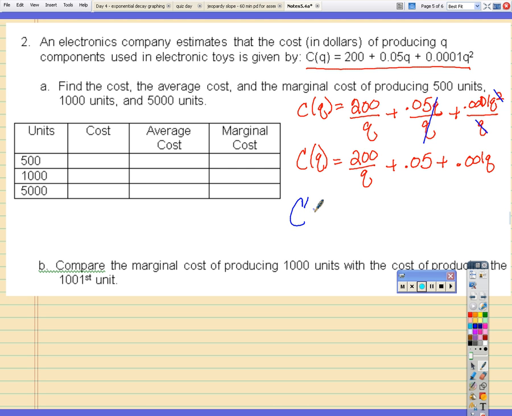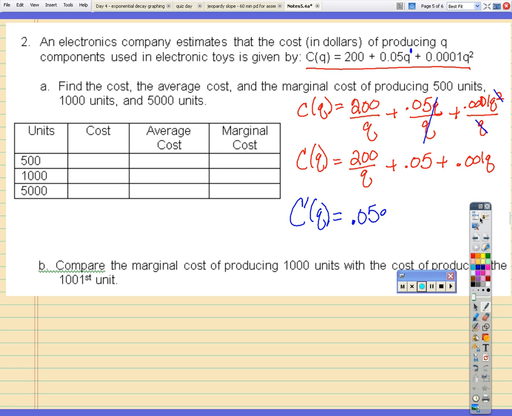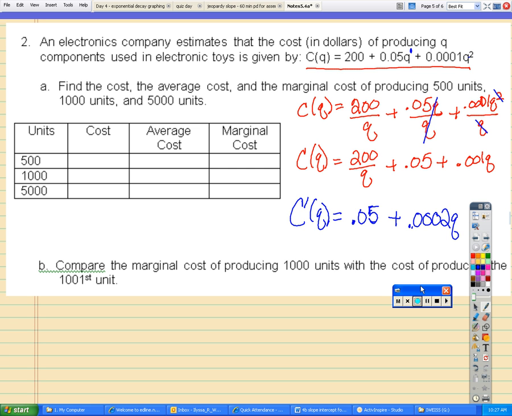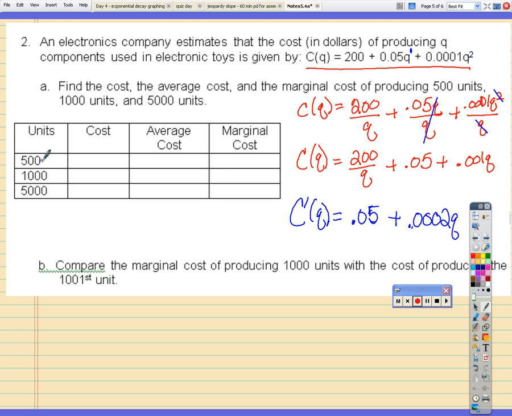Now our marginal cost, which is the derivative, we're going to use our normal derivative techniques, exponent times the coefficient, and then that Q goes away, plus now 0.001 times 2 is 0.002 Q. Now I want you to pause the video here, and you're going to take 500 and plug it in to the cost equation, the average cost equation, and the marginal cost equation.